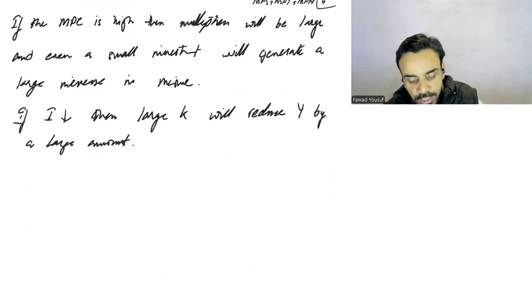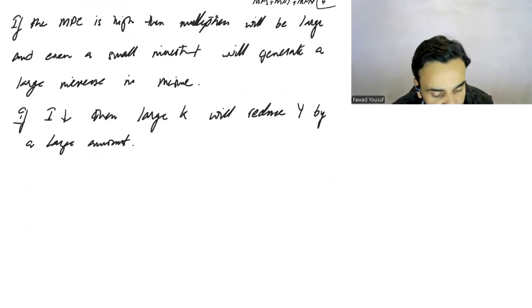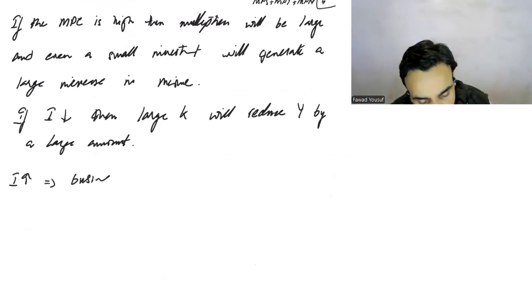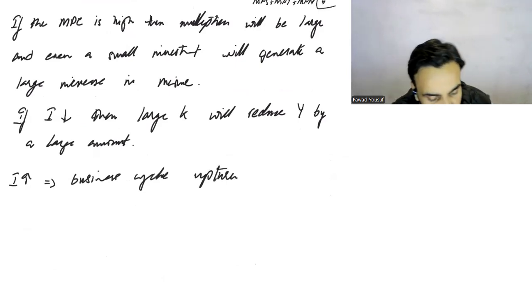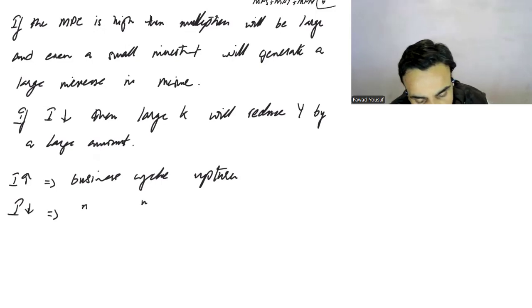And now, just to connect this whole thing, we can suggest that if investment increases, तो आपका जो business cycle है, it will show an upturn, and when investment falls, that will show the business cycle's downturn.